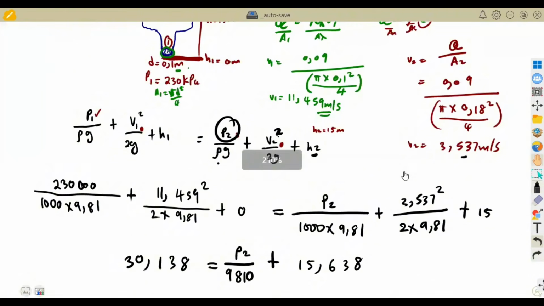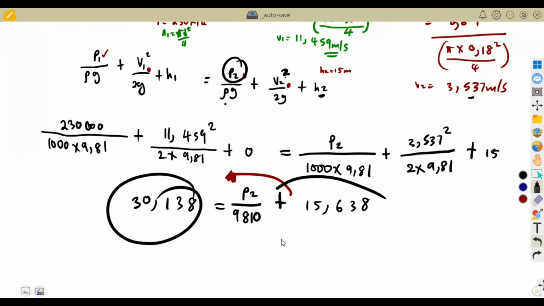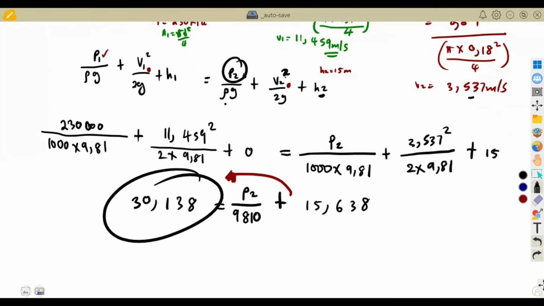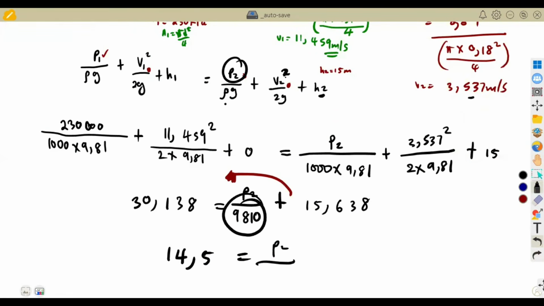In order for me to calculate P2, I'm just going to transpose this to the other side so that it becomes a negative there. So I'm subtracting this minus this minus this, because it was a positive. The moment it crosses the equal sign, it carries what? A negative. So I'm going to obtain 14.5, which is equal to P2 over this 9,810.